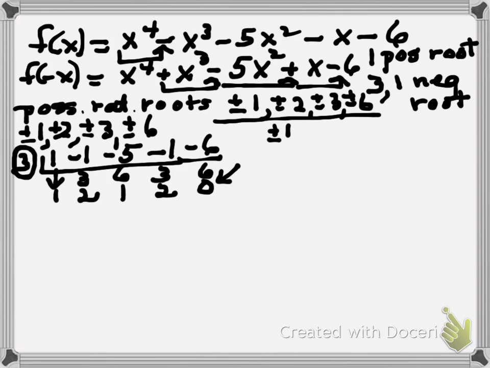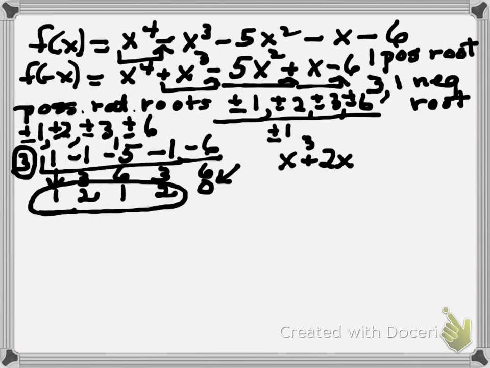Now what I have, if I'm looking at this bottom line here, I have an x cubed plus 2x squared plus x plus 2. I now have a different polynomial, and I can repeat the process again. There are no changes here.